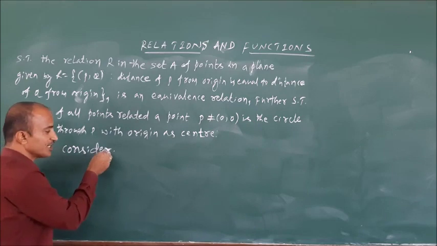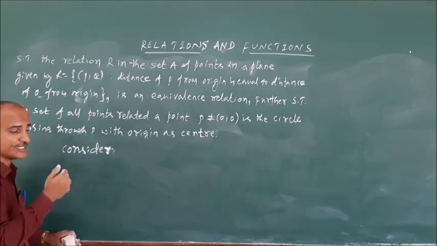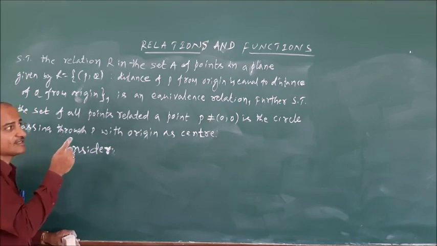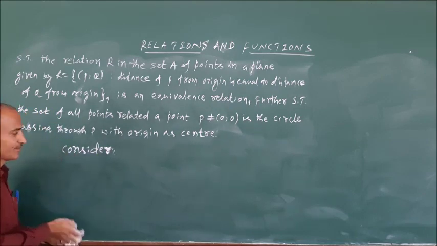That is, we need to show that the locus of a point, with the condition that the set of all points whose distances from origin is the same.